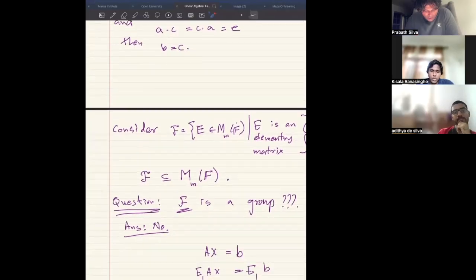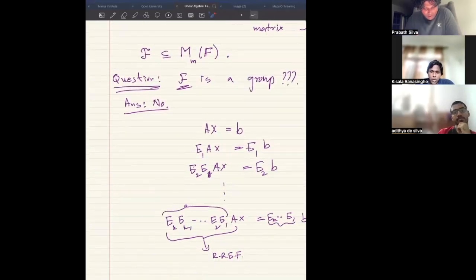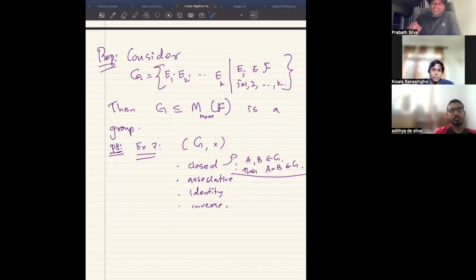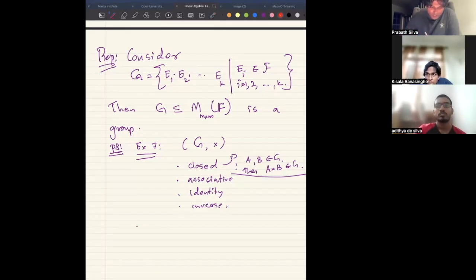And inverse is the interesting one. So the inverse, this is funny. Okay. So the inverse of this, we take A to be, let me write it this way: E1, E2, up to EK.